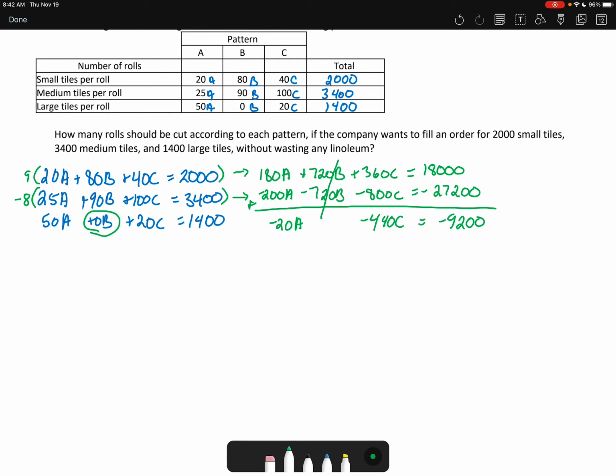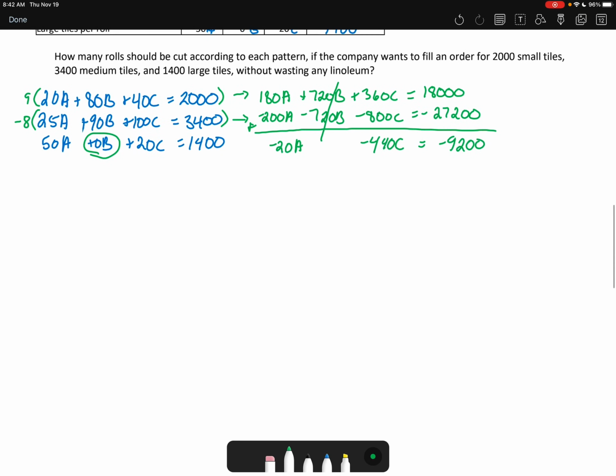So now for my second step, I'm going to take the 3rd equation, the 50A plus no B's plus 20C's equals 1,400, and my new equation that I've created, -20A minus 440C equals -9,200, and I'm going to work with those.